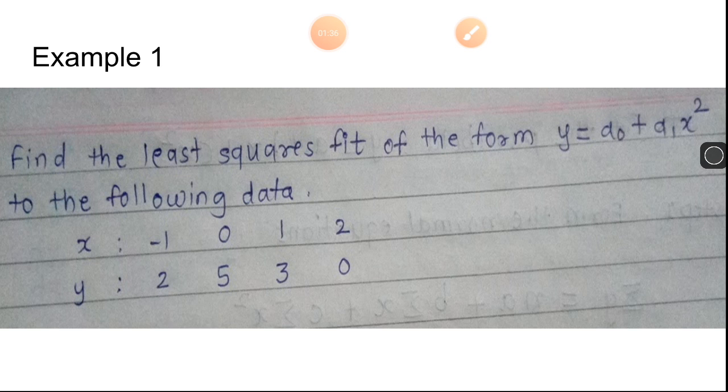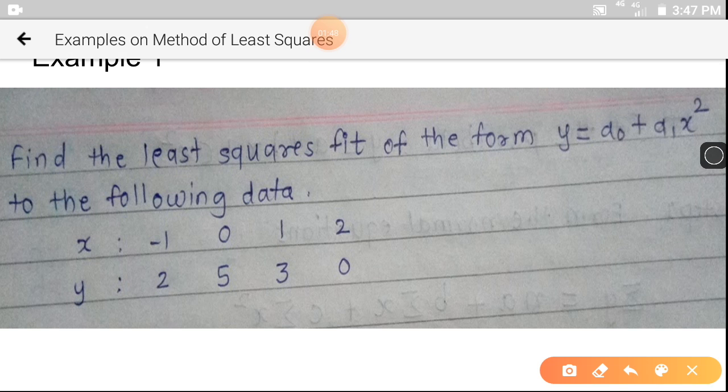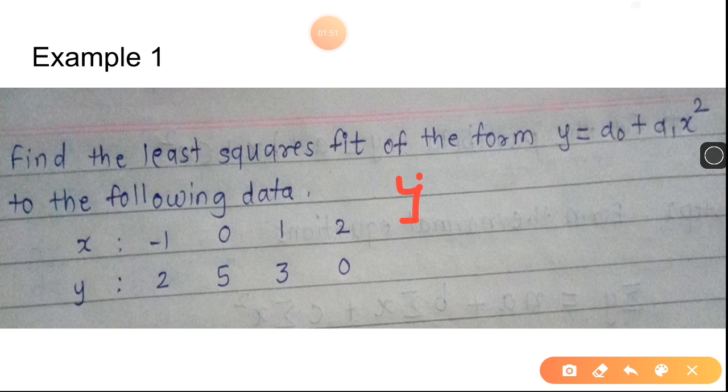So we have to multiply the given equation with coefficient of a naught. The coefficient of a naught is 1. So let us multiply the given equation by 1. So it will be y is equal to a naught plus a1 x square. If we multiply by 1, it remains as it is.